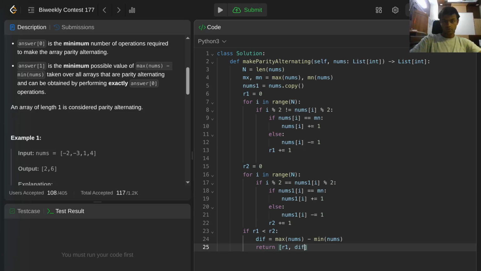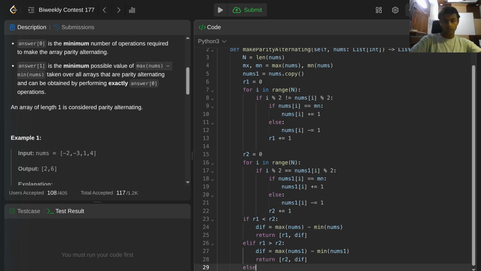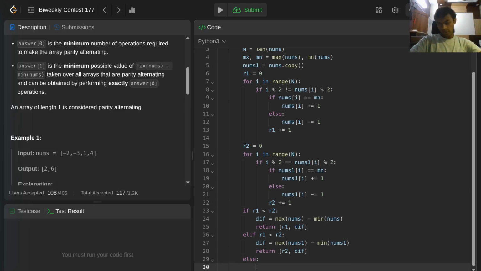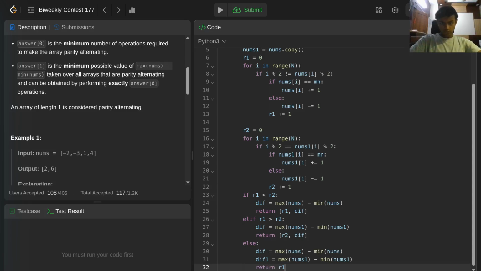Return R1 comma diff, value of R1 to. So if they're equal, then it's equal to 1.